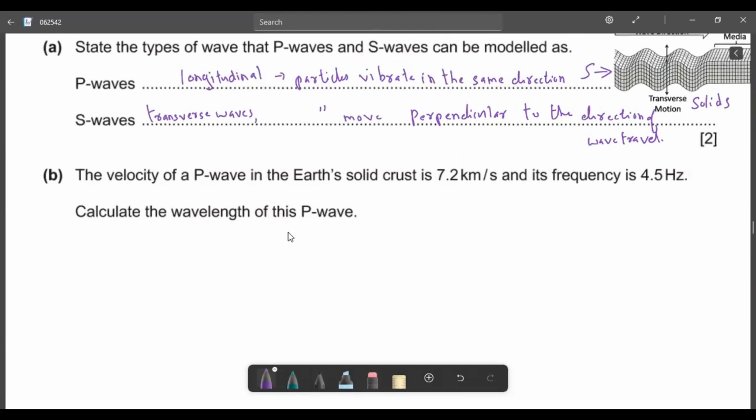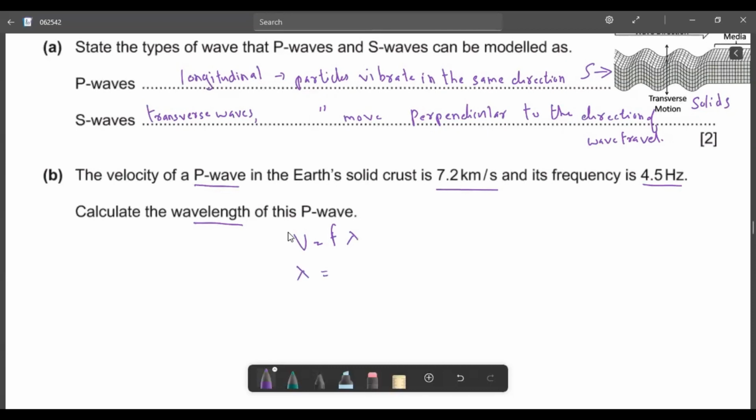Next, the velocity of a P wave in Earth's salt crust is 7.2 km per second and its frequency is 4.5 hertz. Calculate the wavelength of this P wave. So v can be written as f lambda. Lambda is the wavelength, which we need to calculate.